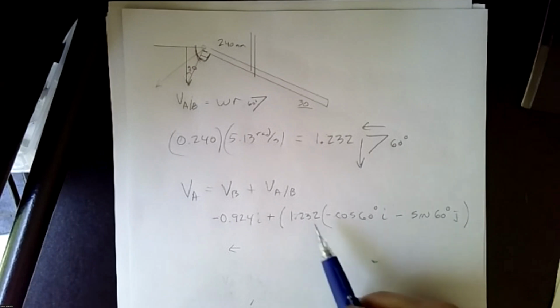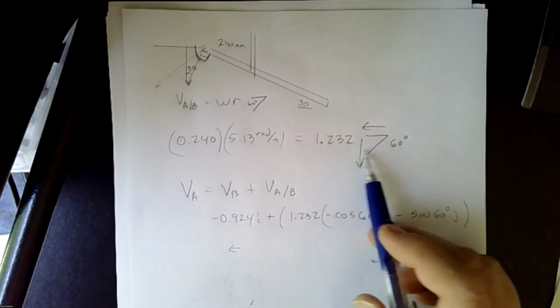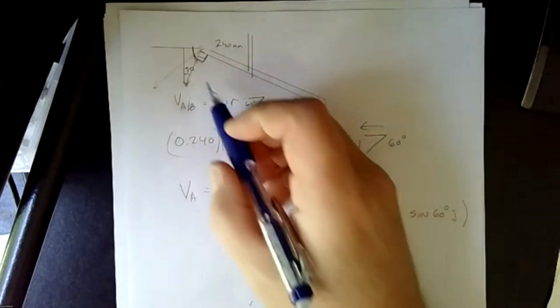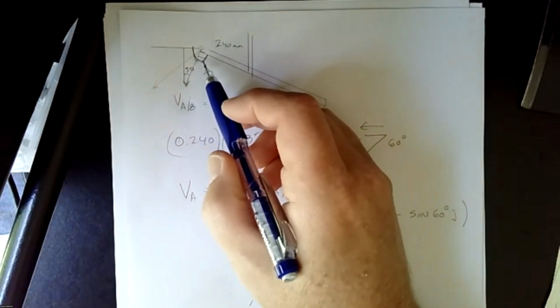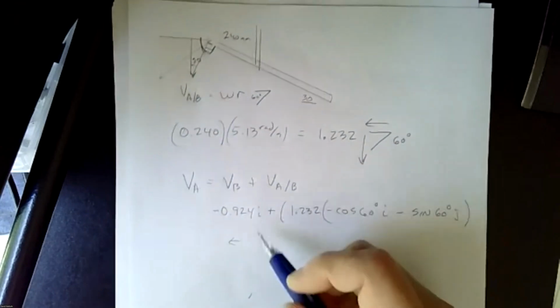And so all I did was take this value that we found the scalar for, but we know the angle. Again, we know the angle because A relative to B has to be perpendicular to this point, right? And so we can do that.